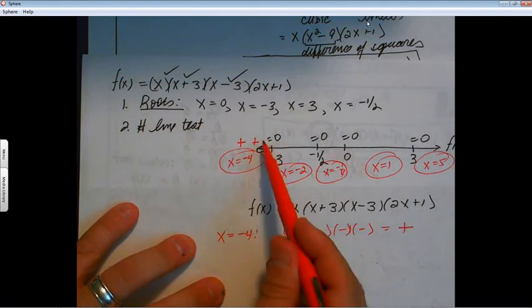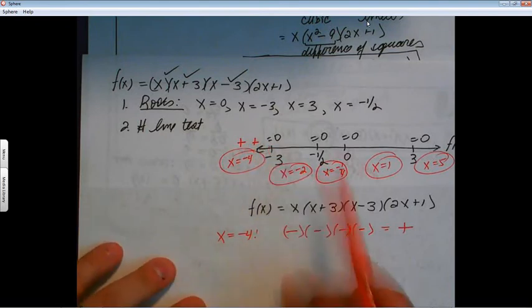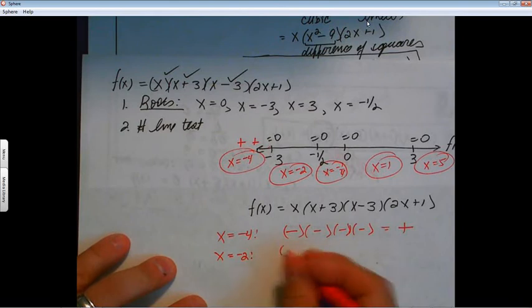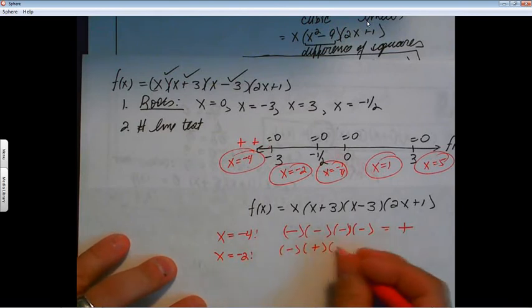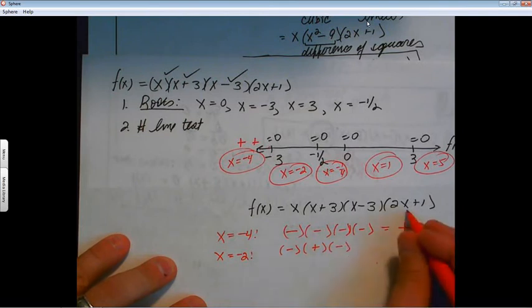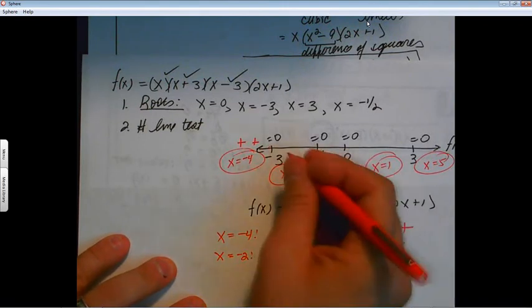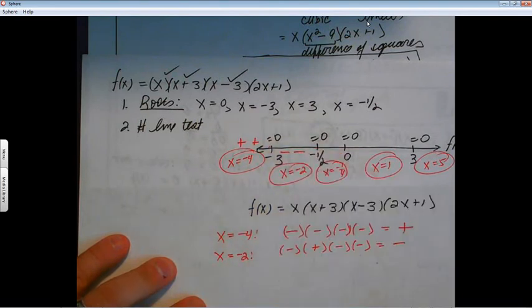Negative 4 plus 3 is negative. Negative 4 minus 3 is negative. 2 times negative 4 is negative 8, plus 1 is negative. Negative times negative times negative times negative is a positive answer. So I would expect that for any value of x that I select to the left of negative 3, my function will be positive, meaning above the x-axis.